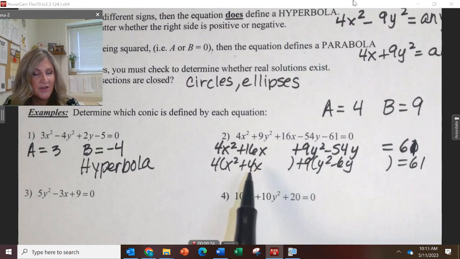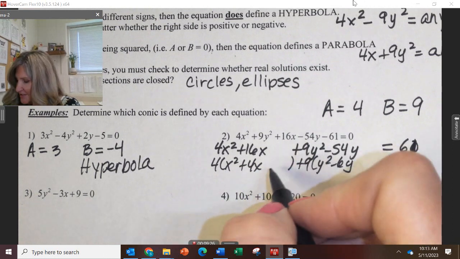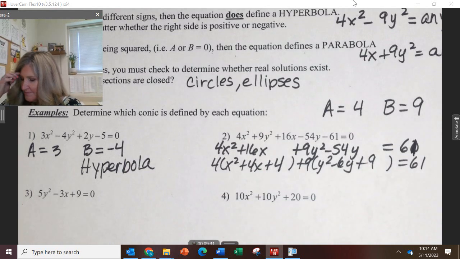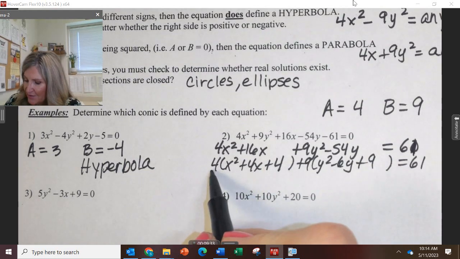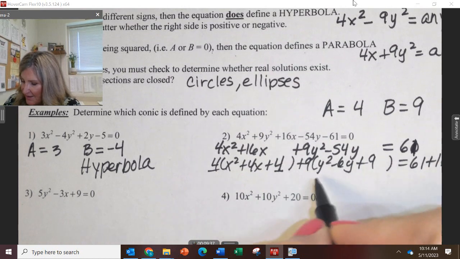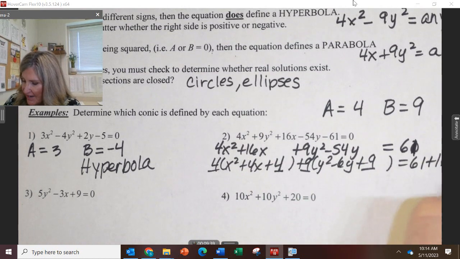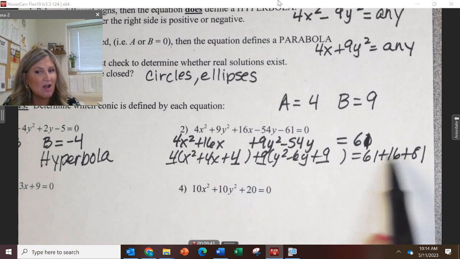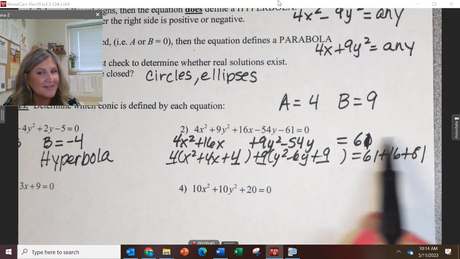Okay, so to complete the square, I have to take half of this and square it, and I have to take half of this and square it. So what I really added was how much? 16 there, and then how much here? 81.